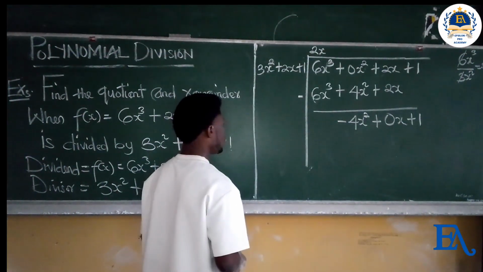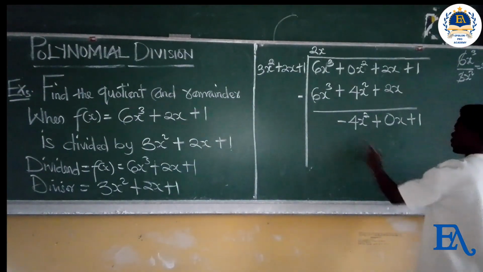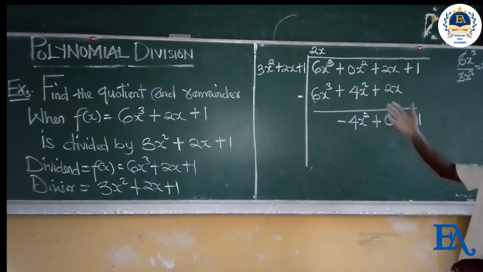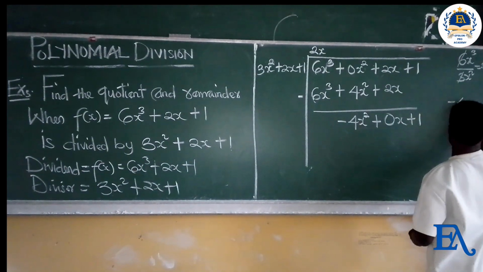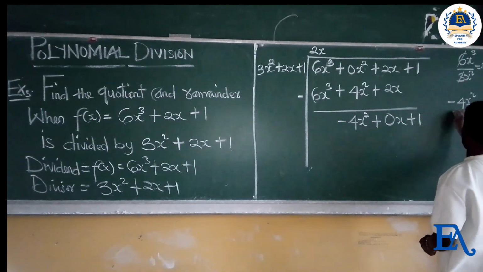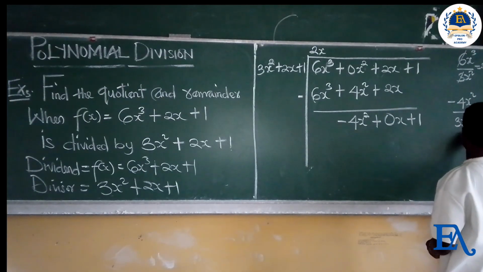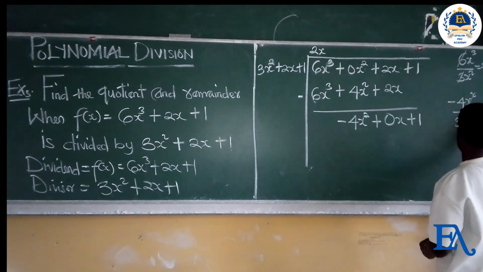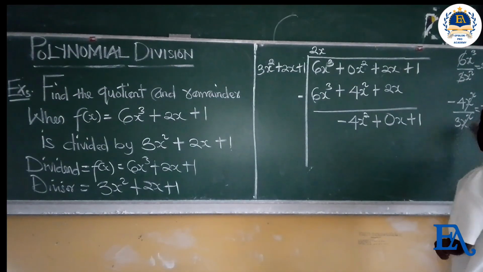From step number 1, that is to say, divide the first term of the dividend by the first term of the divisor. That gives minus 4x squared divided by 3x squared. X squared cancels x squared, and we are left with minus 4 over 3.